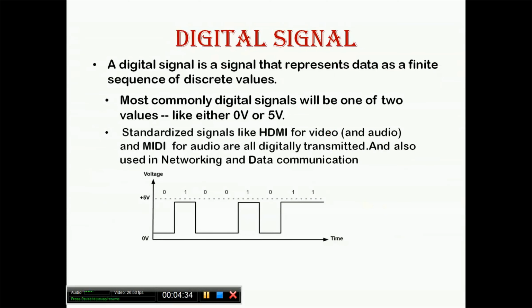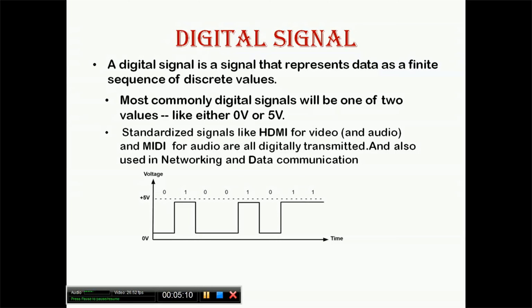Now the digital signal. A digital signal is a type of signal that represents data as a finite sequence of discrete values. Discrete values means values which are separated, like here where we have 0 voltage and 5 voltage. So 0 voltage represents a 0 bit, and 5 voltage represents a 1 bit.